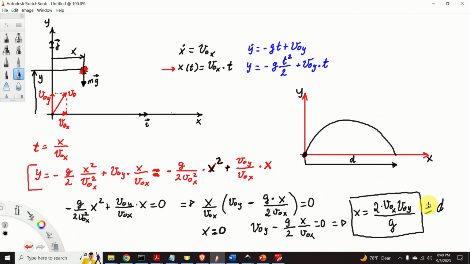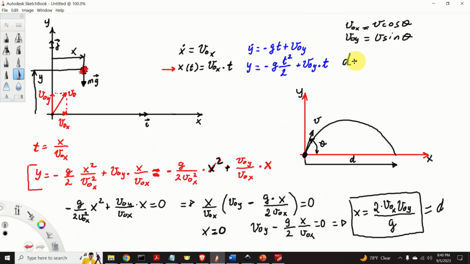Now, before I conclude this video tutorial, I have to mention the following. Sometimes in physics problems, you will encounter the following problem formulation. Instead of v0x and v0y, your professor will probably give you velocity and the angle theta. And let's see what v0x is if someone gives us, for example, velocity and theta. Obviously, v0x is v cosine theta, and v0y is v sine theta. Let's substitute these values in this equation.